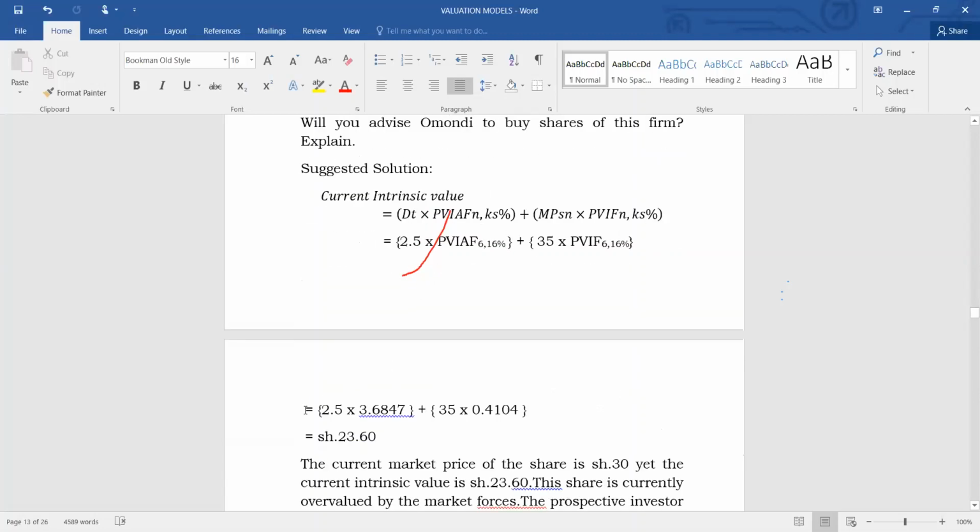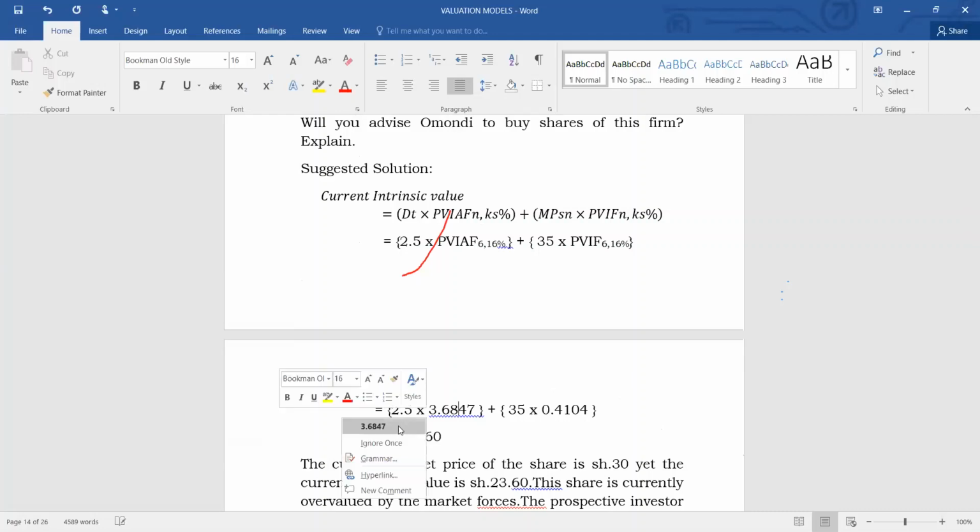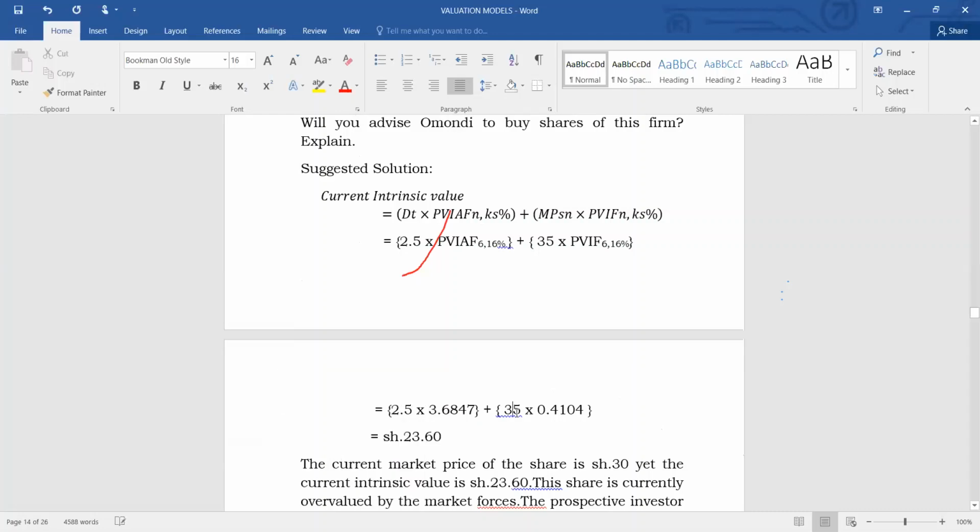Then of course, now we move to our present value factor tables. 16% under 6, that's the factor that I have. I don't know whether you have those tables with you, you could confirm using your calculator. Even if you don't have the tables, I think your calculators can do.